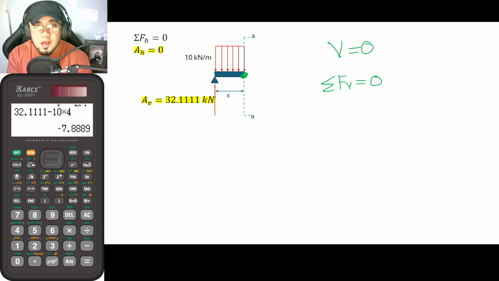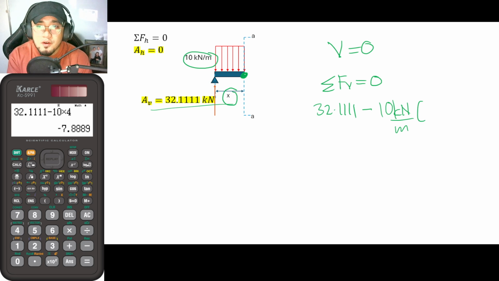So from that point, guys, if this is 32.1111, positive since it is upward, we would be subtracting 10 kilonewton per meter times x, because you are solving for it here.